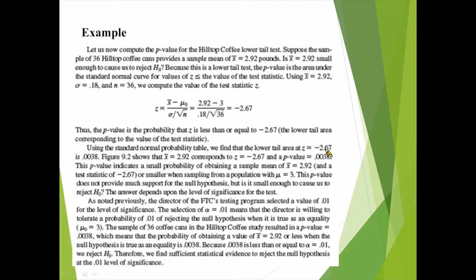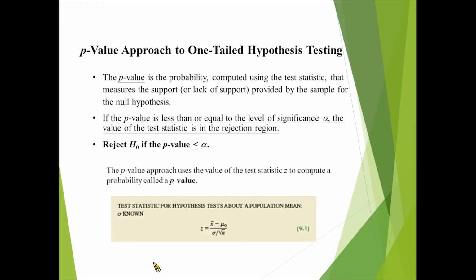For negative 2.67, the p-value is 0.0038, which is less than 0.01 or 0.05. So we reject H0.